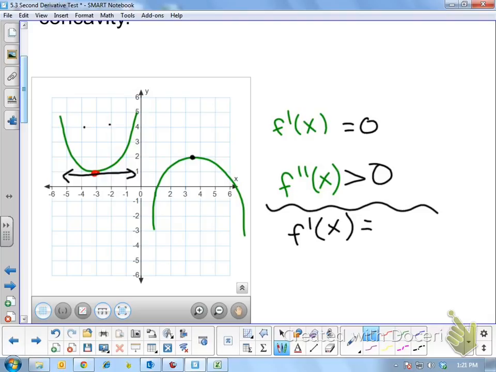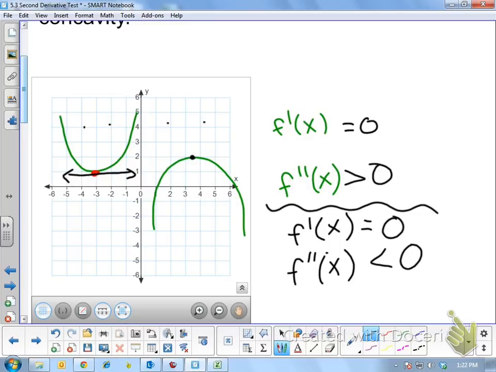It still equals 0, the same as the first one. But now let's see about f double prime of x. This time we have a frowny face, so we know f double prime of x is negative.